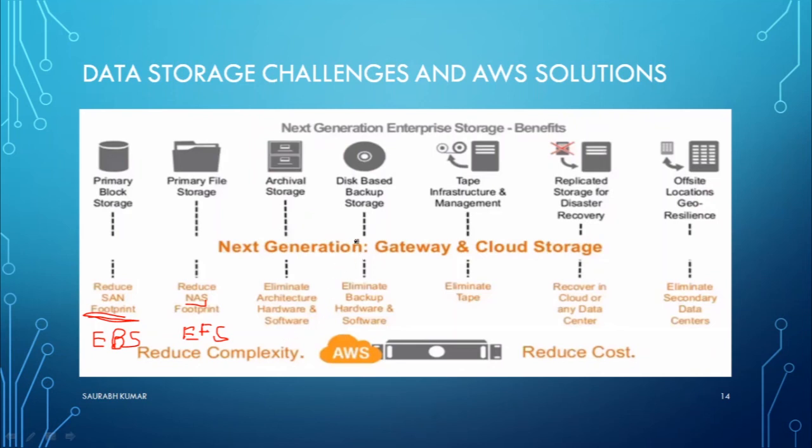Then disk-based backup storage has also been eliminated, along with backup hardware and software, and tape infrastructure and management, which was hard to manage. So now it has gone to a term called eliminate tape. AWS is using it, so you can see the change everywhere.